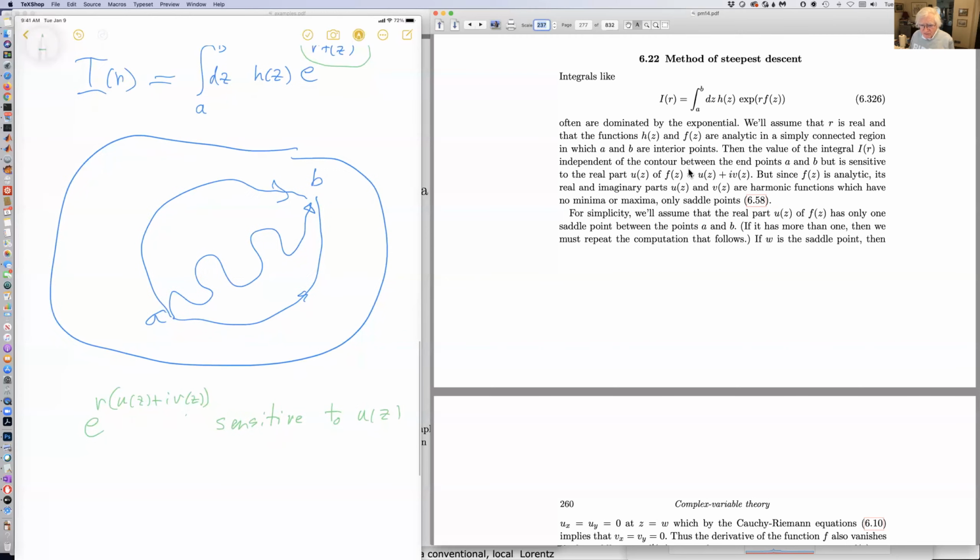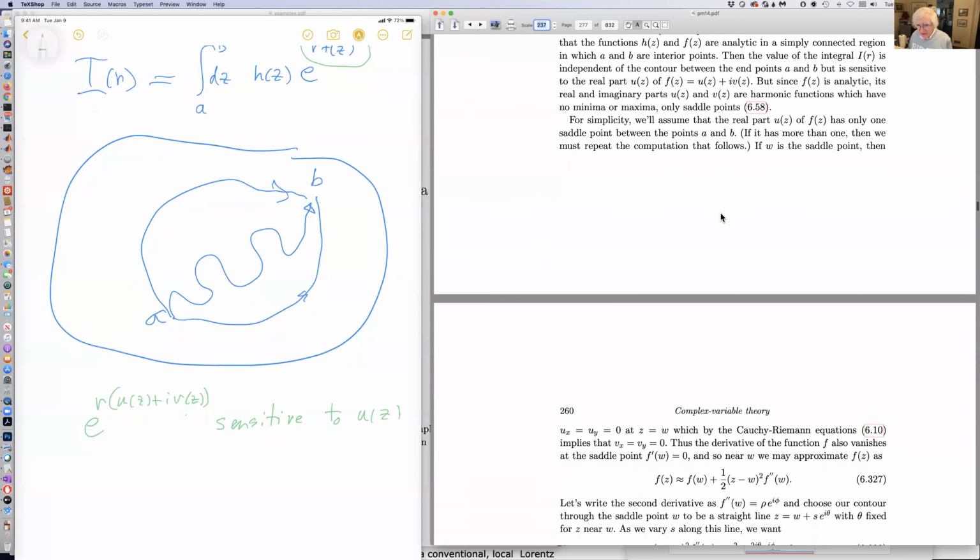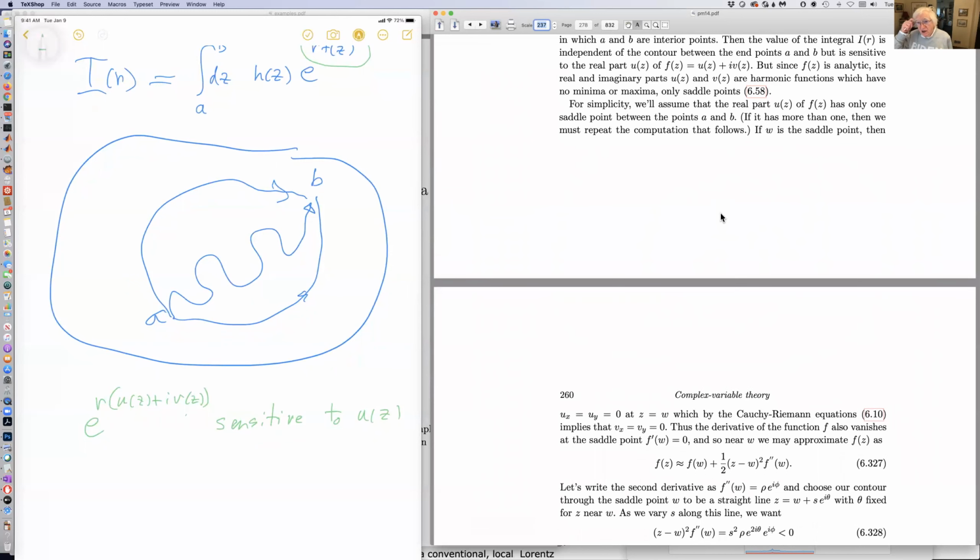What do we do? Well, the idea here is that we look for, well, what we know is that u and v have saddle points, but no local minima or maxima.